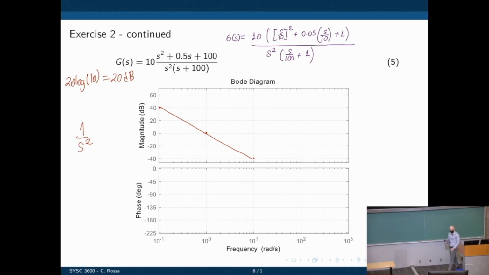But we have a constant gain of 20 dB. So if you multiply this by 10, we shift the Bode plot up by 20 dB. And what we actually have is something that starts at 60 and goes down like that, at a slope of negative 40 dB per decade.